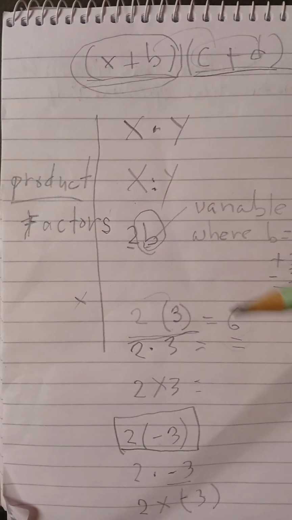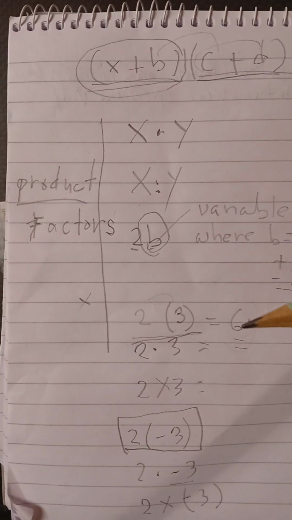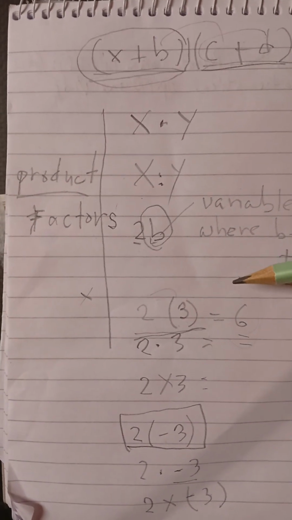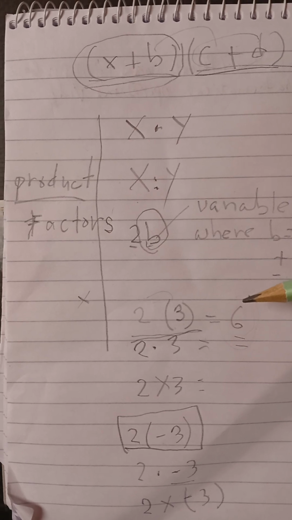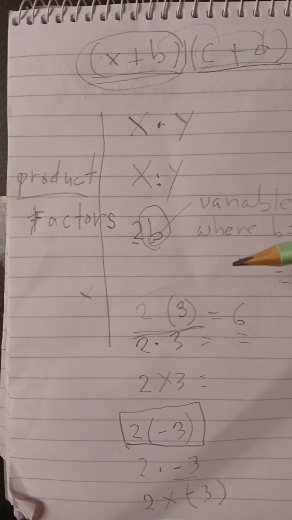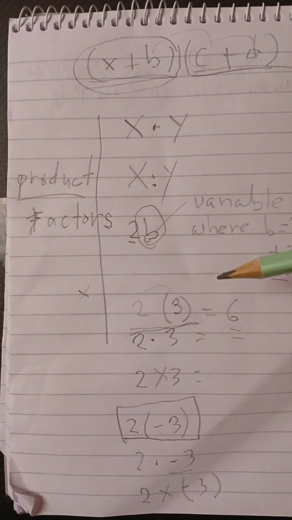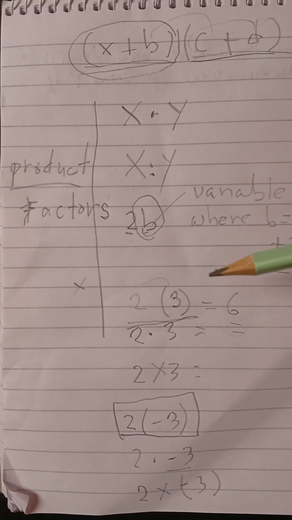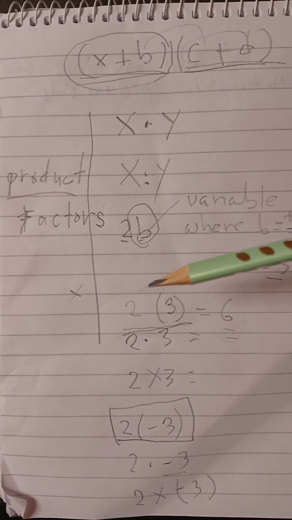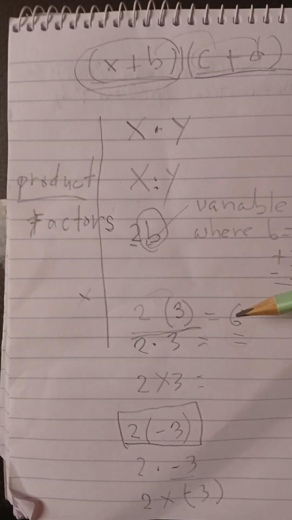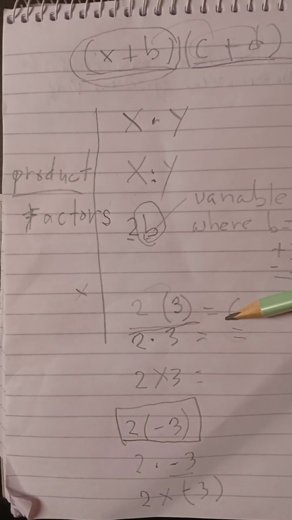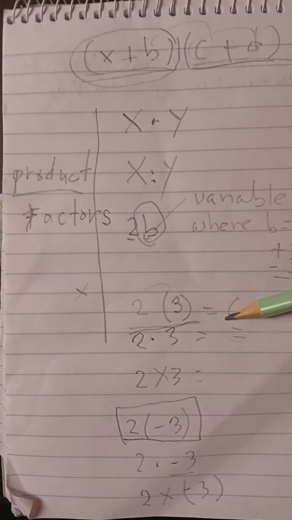Product is the name, or what we call the answer, that is derived from a multiplication. Like I said, if for example we say 2 times 3 equals 6, then 6 here is our product.